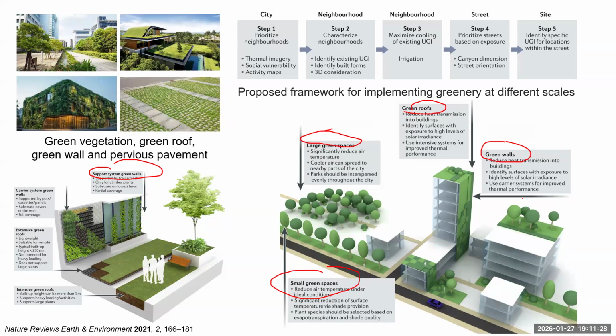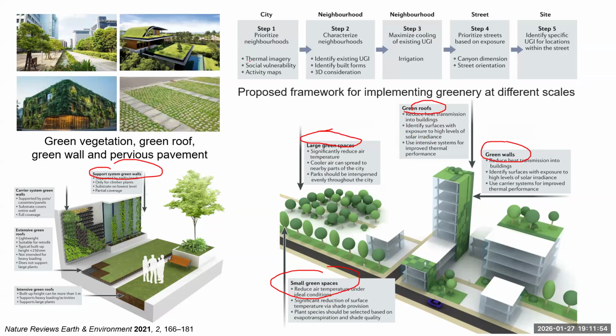So we have different ideas: large green spaces, small green spaces, and even green roofs, green walls. We can see the green walls can help us reduce the heat transmission into buildings. It can identify surfaces with exposure to high levels of solar irradiance.